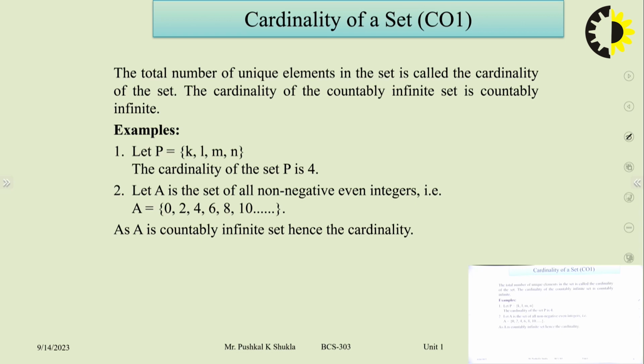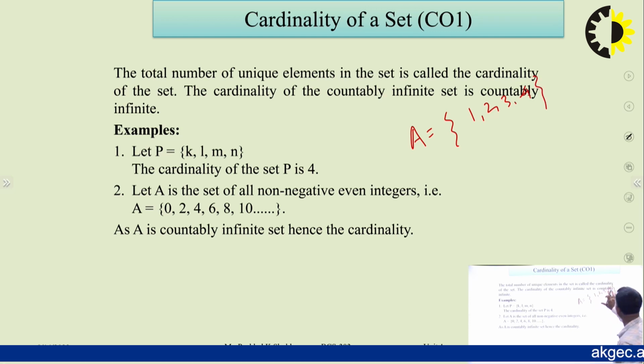Now the cardinality of a set. Cardinality means the total number of unique elements, that is distinct elements, in a set. For example, A equals 1, 2, 3 and 4. So here in the set, 4 distinct elements are there. So the cardinality of this set A equals 4, and it is written as card A equals 4.